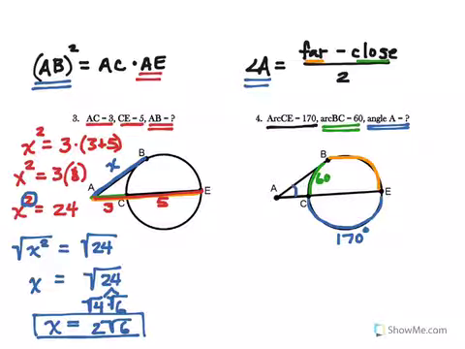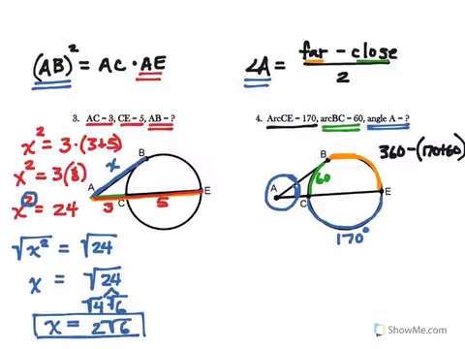We have what we're solving for, angle A, but we also don't know this BE yet, which we can just use simple arithmetic to find out, because we know the number of degrees in a circle is 360. Well, if we subtract what we already know, which is the 170 plus 60, that will give us the remaining arc of BE.